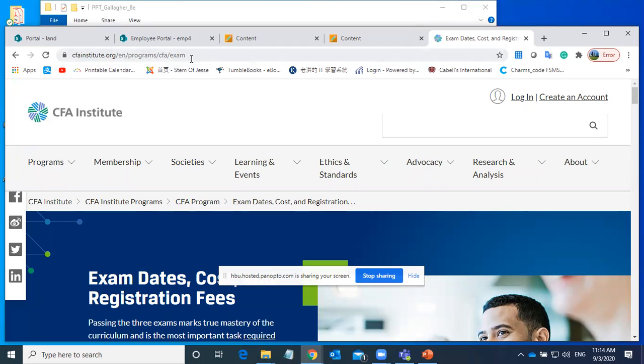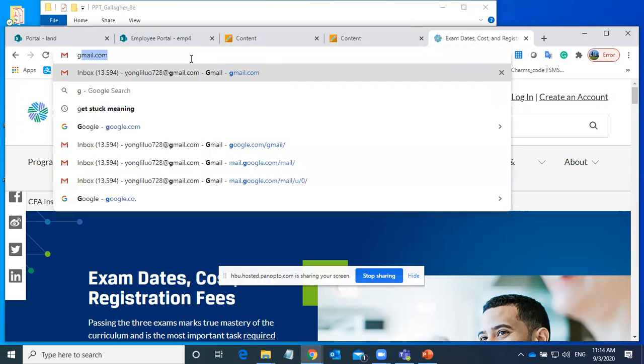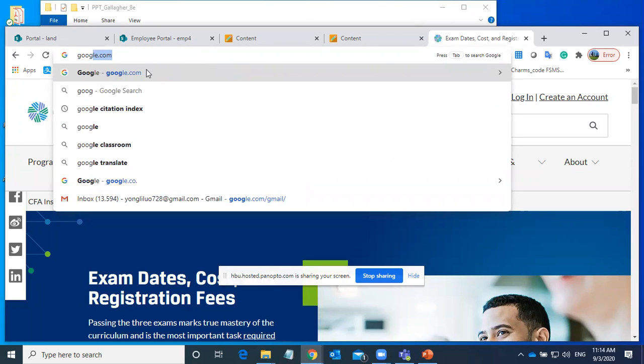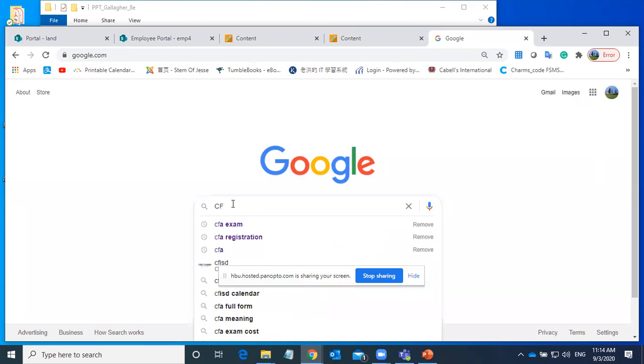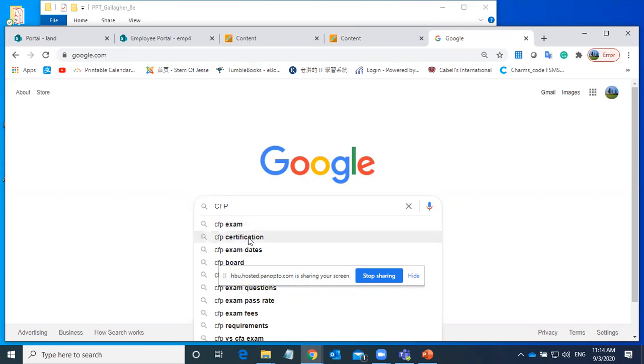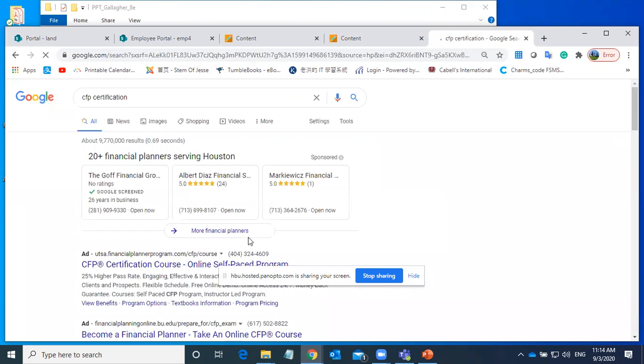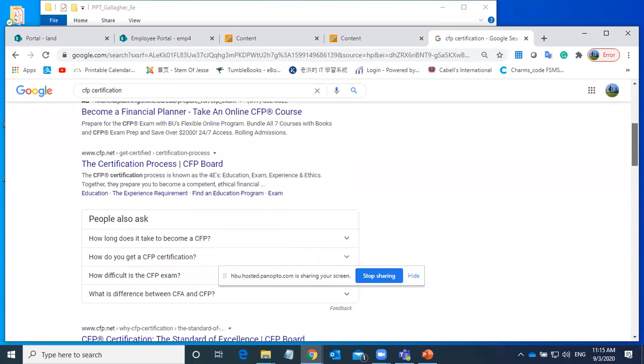Other than this, if you do personal finance, you have the certified financial planner, the CFP exam or CFP certification. They do personal finance.